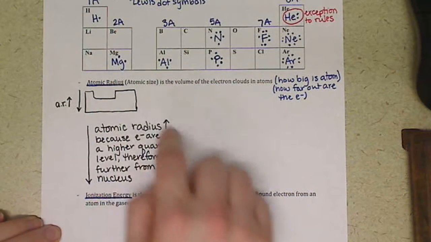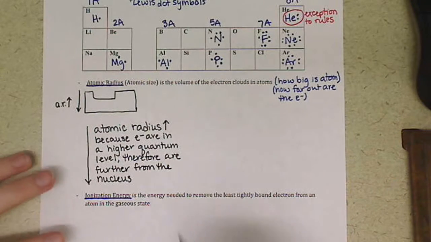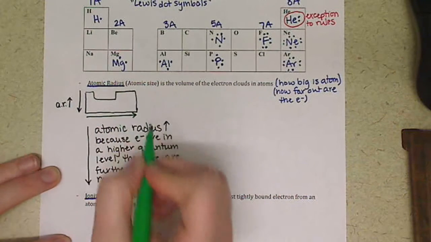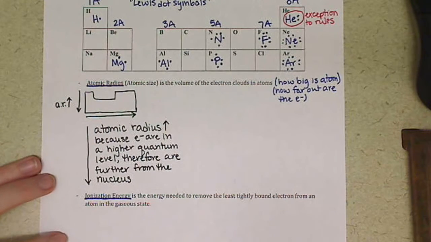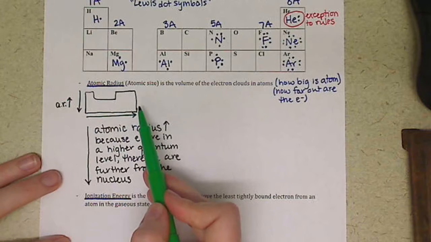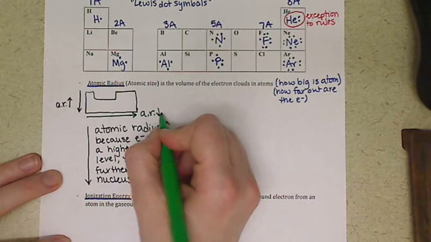So this is the main trend for atomic radius. There is a minor trend that occurs, so a smaller scale change, and that's from moving from the left to the right on the periodic table. As we move from the left to the right, the atomic radius is going to decrease.